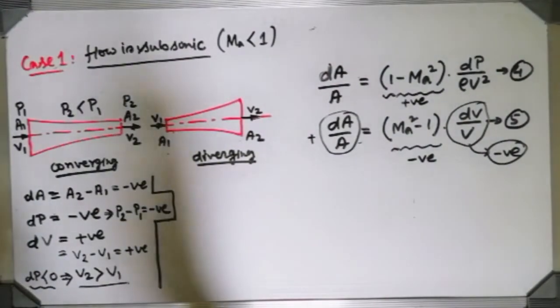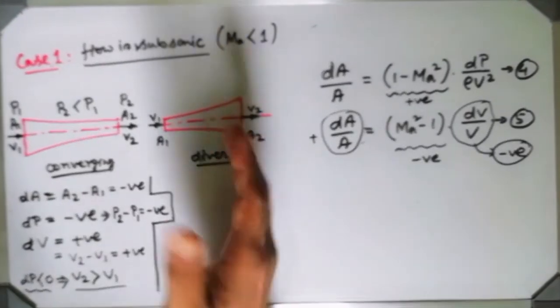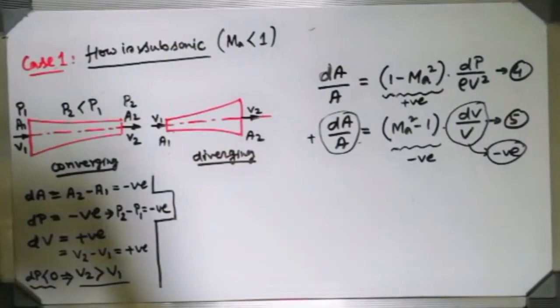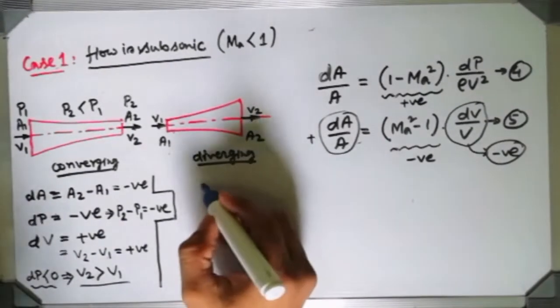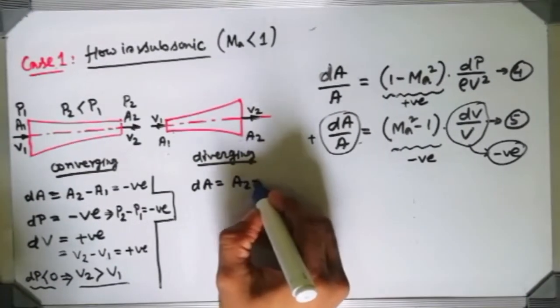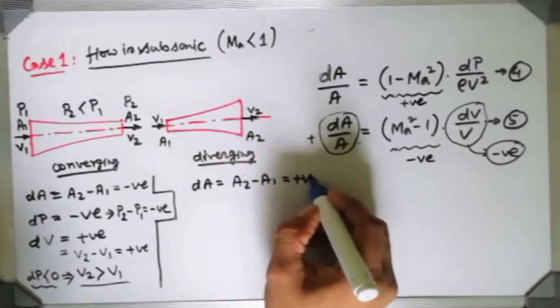And in case of the diverging part, see the other part with the same flow characteristic, that means subsonic flow. For the diverging section, see here dA is A2 minus A1 and it is giving you a positive value, obviously, because A2 is bigger.